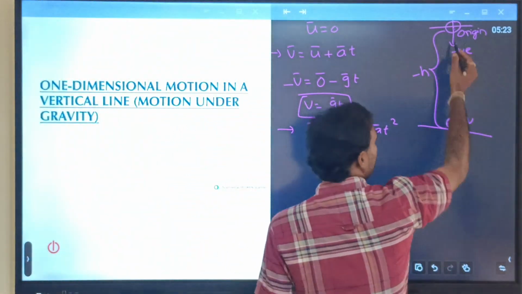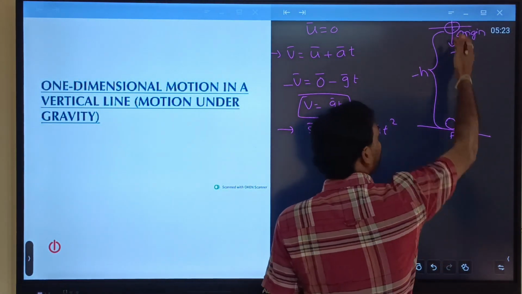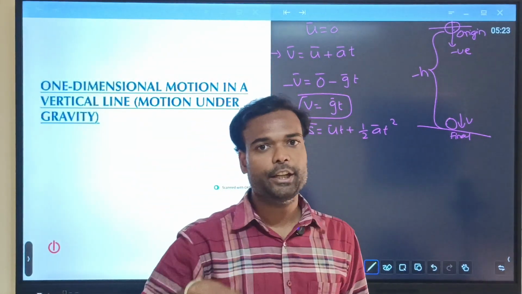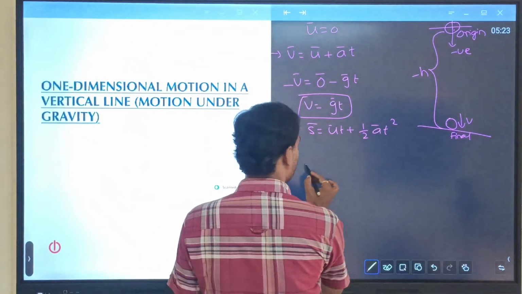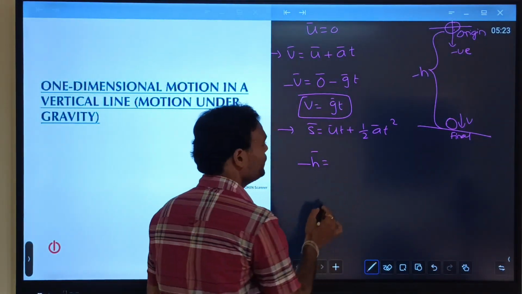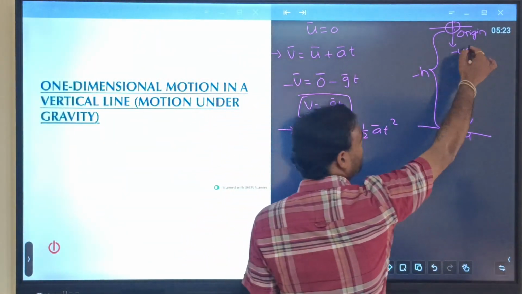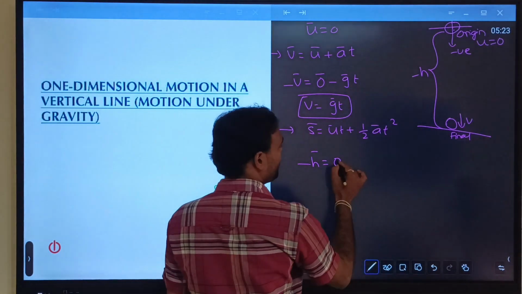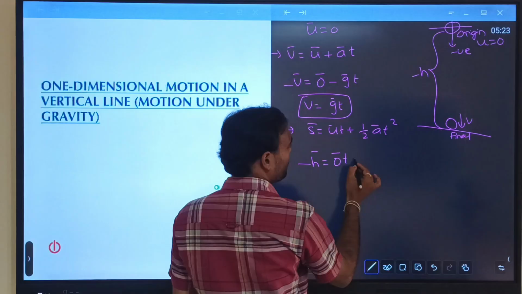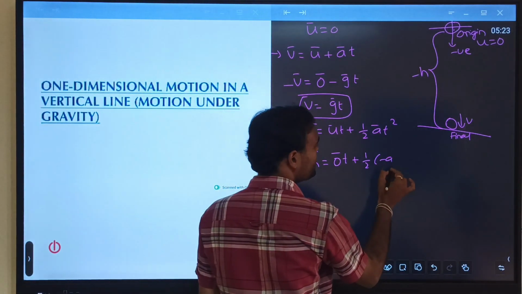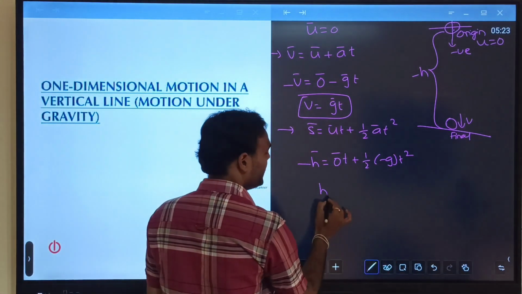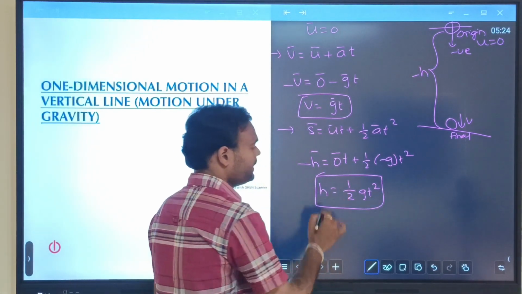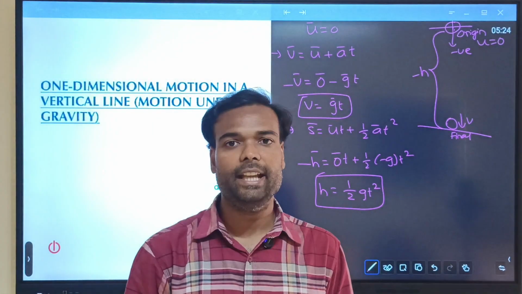This is the initial location, this is the final location, and from the origin the downward direction is negative, so -h = 0 + ½(-g)t², since it starts from rest because it is dropped. Then h = ½gt².